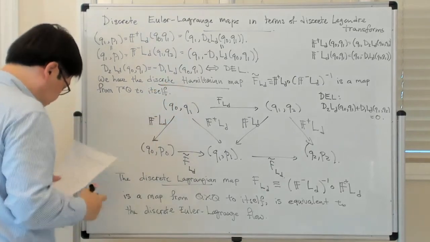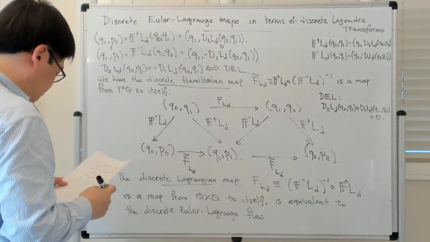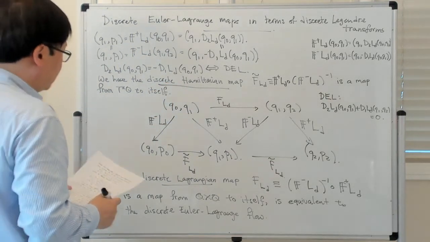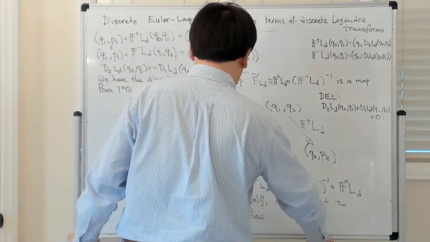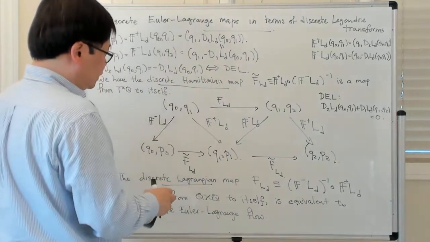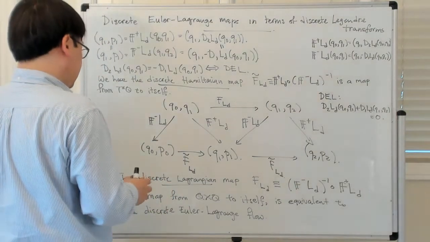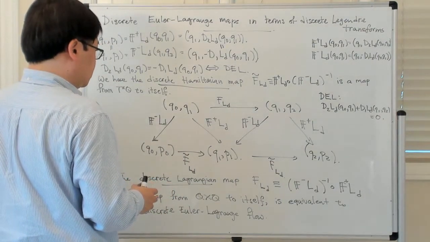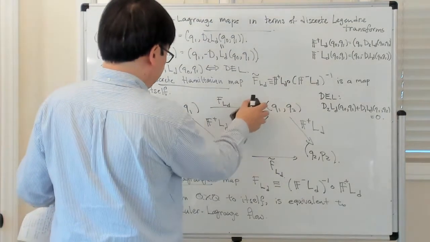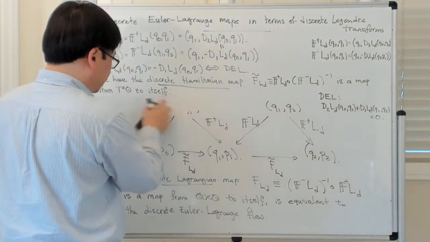Okay, and so let's see what that is. We're going to write that map down, and we're going to show that it's symplectic. All right, I'm going to try to erase just this piece here.